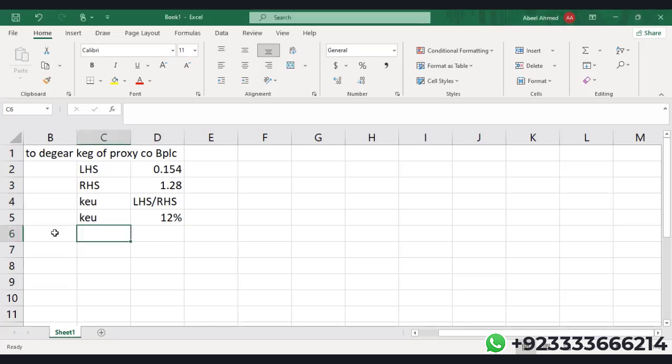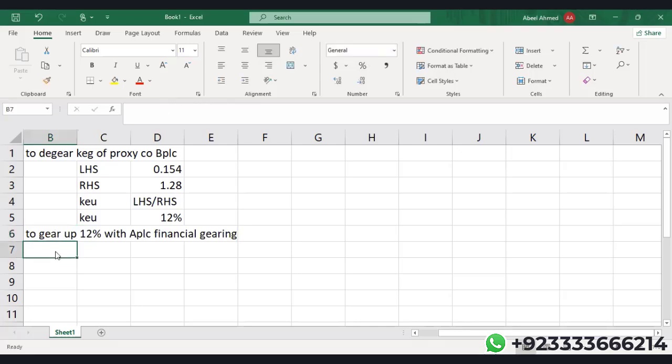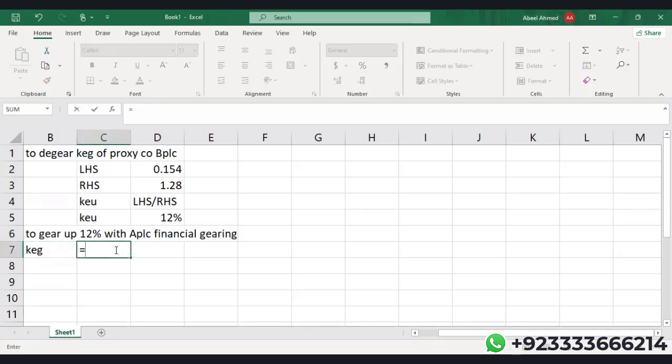Now, what are we going to do? To gear up 12% with APLC financial gearing. So simply KEG is equal to, we'll take KU.